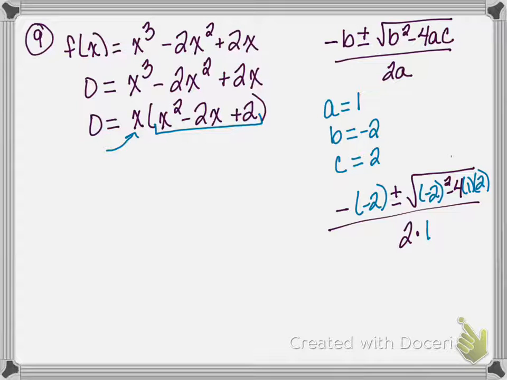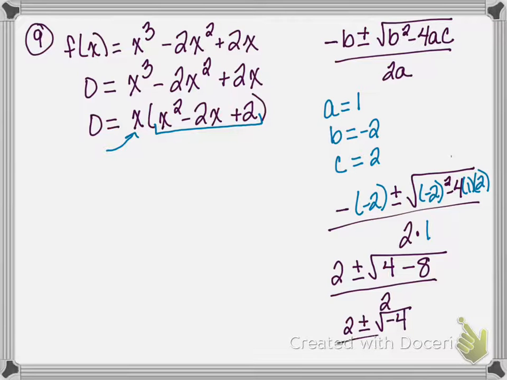So negative 2 is positive 2 plus or minus the square root. Negative 2 squared is positive 4. And I am subtracting 4 times 1 times 2. So that is 4 minus 8, and all of that is over 2. So I have 2 plus or minus the square root of negative 4 over 2.